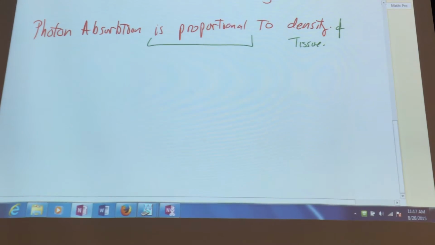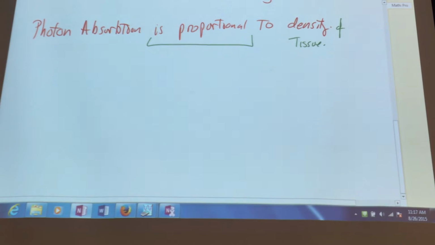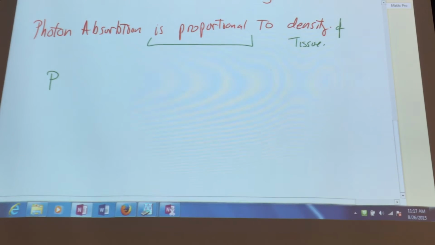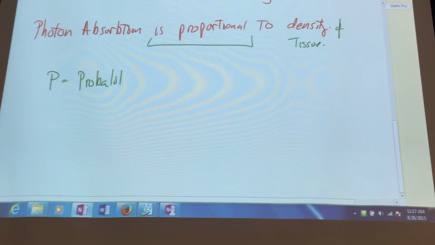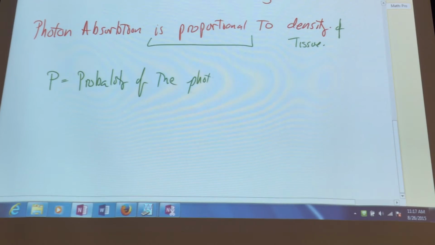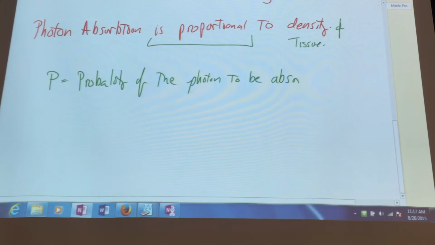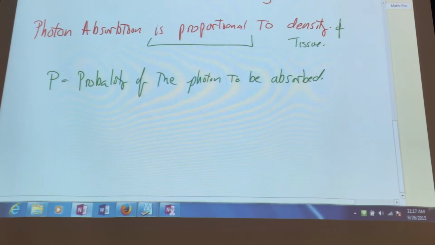Okay, so let's write this as P, and P is going to be the probability of the photon to be absorbed. And we're going to use rho for density.